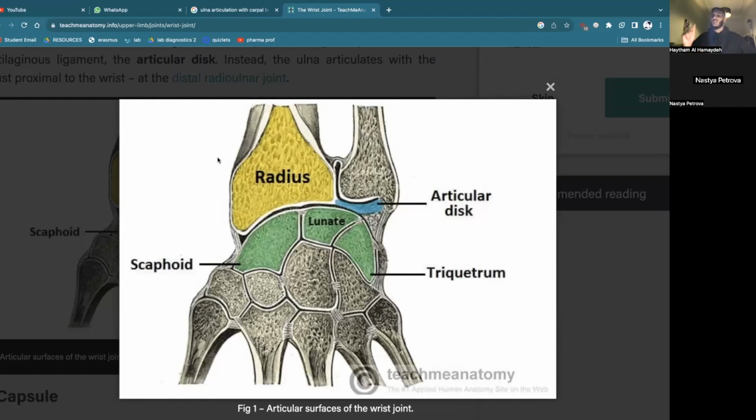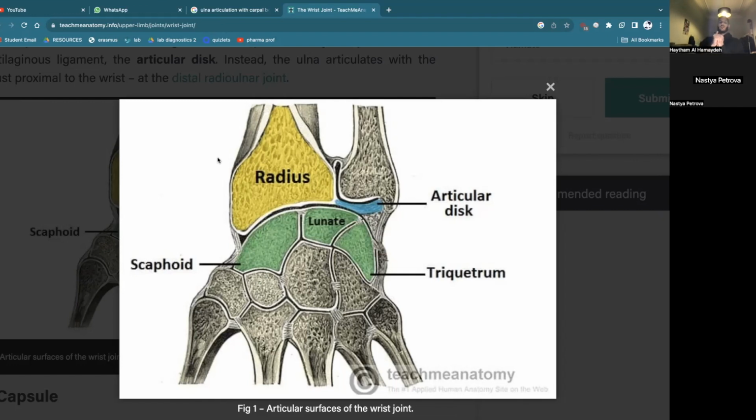There is an articular disc that prevents it from touching them. This is very important. He always failed people with this. He asks, does the ulna articulate with the proximal row of the carpals? You just say no, separated by an articular disc. Okay, easy.